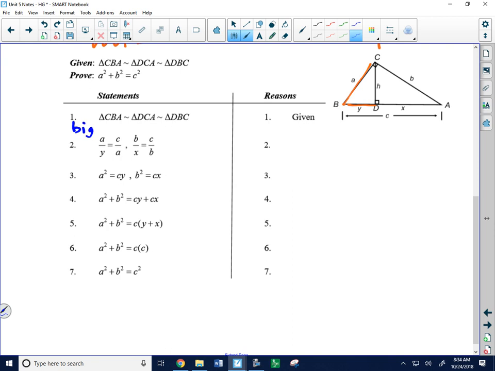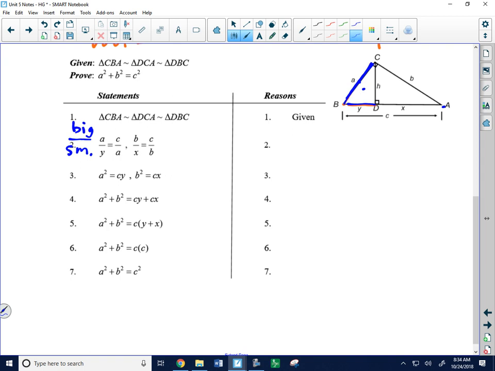This is the big triangle to the small, and it's doing the base of each one. In the big triangle, here's the top, here's the base. In the small triangle, here's the base as well. I did that ratio because all the ratios are equal since the triangles are similar.